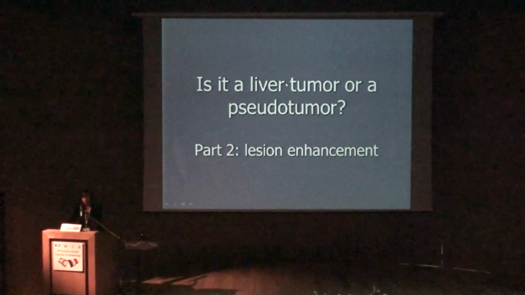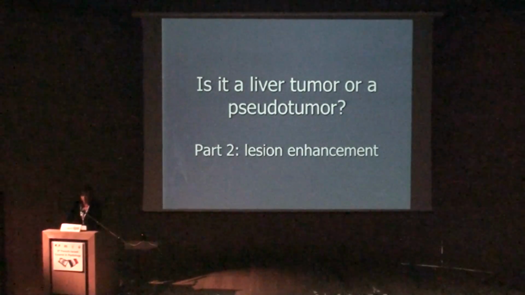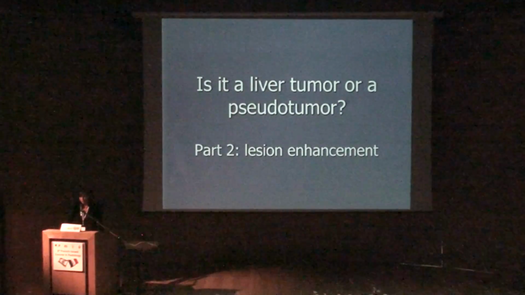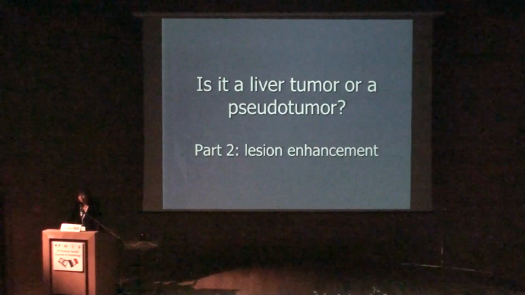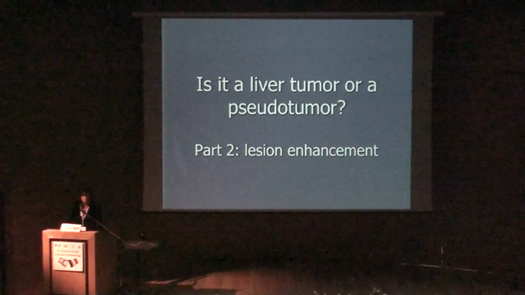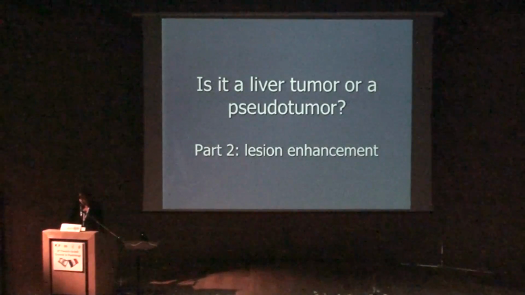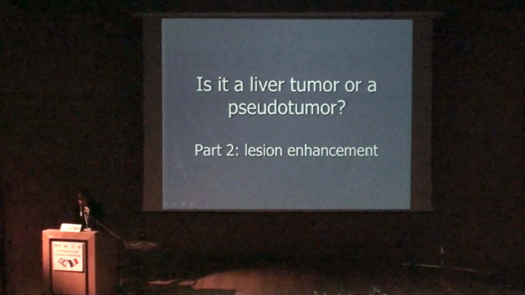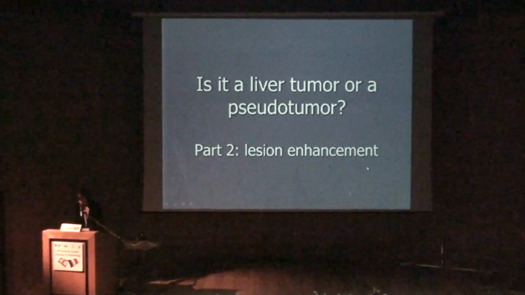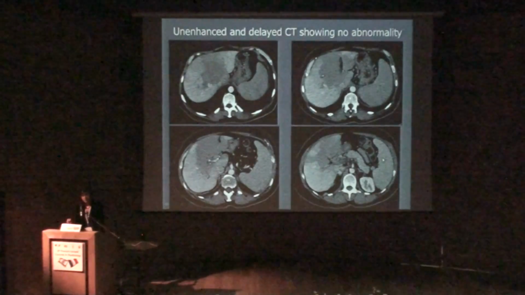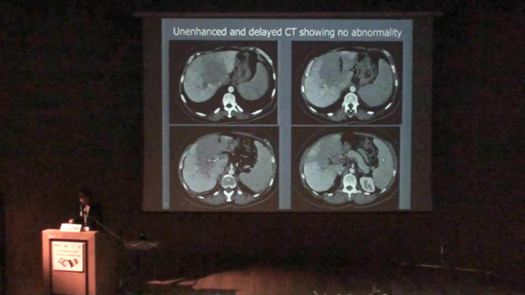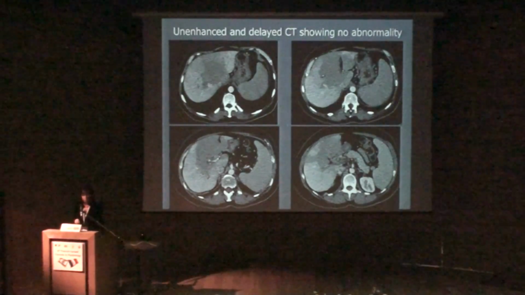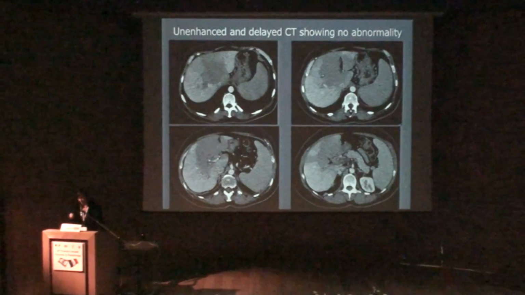And last part, I told you that other pseudo lesions might be explained by perfusion disorders, differences in liver enhancement. So I would like just to show you one example. This patient had no remarkable findings on unenhanced and delayed CT.